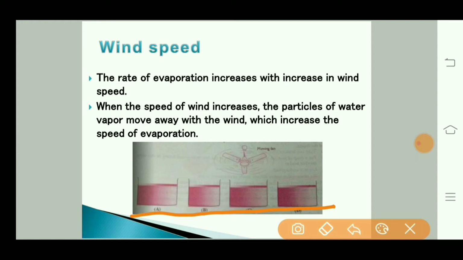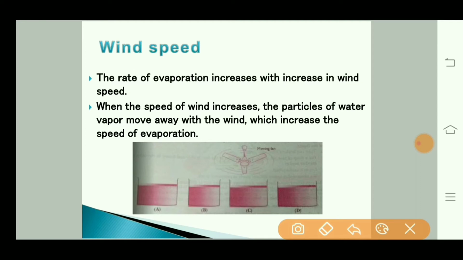When speed of wind increases, the particles of water vapor move away with the wind, which increases the speed of evaporation. These are the four factors which affect the rate of evaporation.